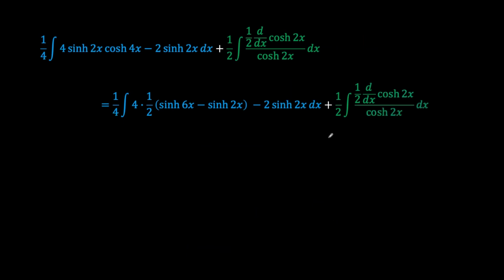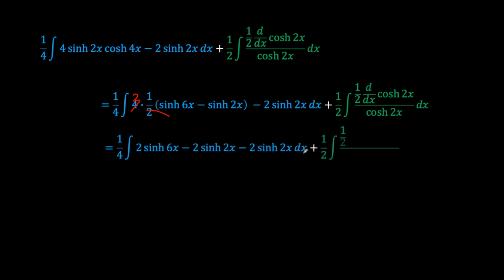And then the green remains the same. So what you can see here is 4 divided by 2 is 2, 2 divided by 2 is 1. And so we have a quarter times the integral of 2 sinh 6x minus 2 sinh 2x minus 2 sinh 2x. And then the green integral remains as it is.